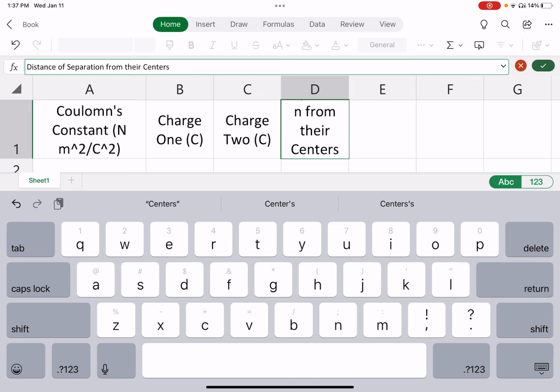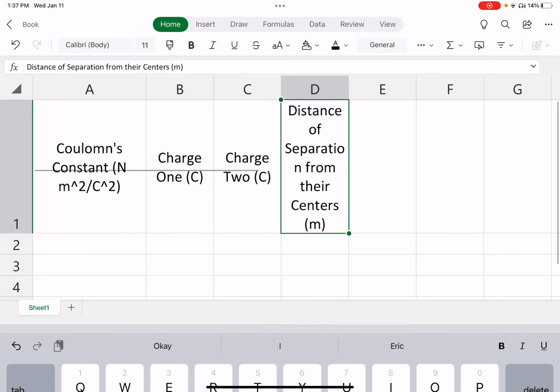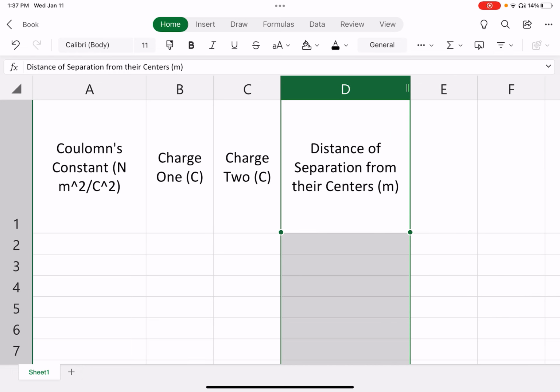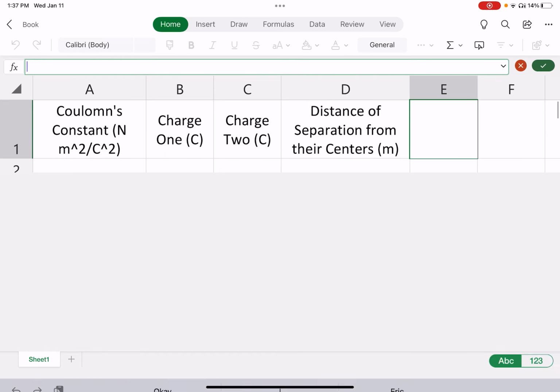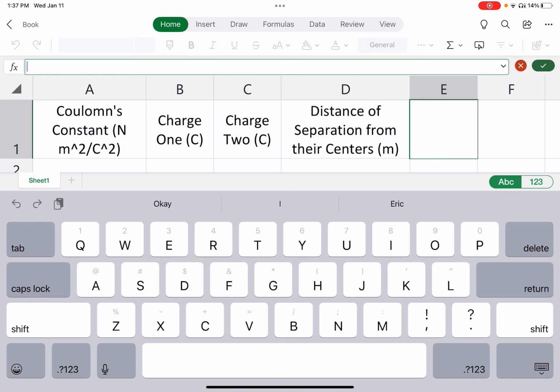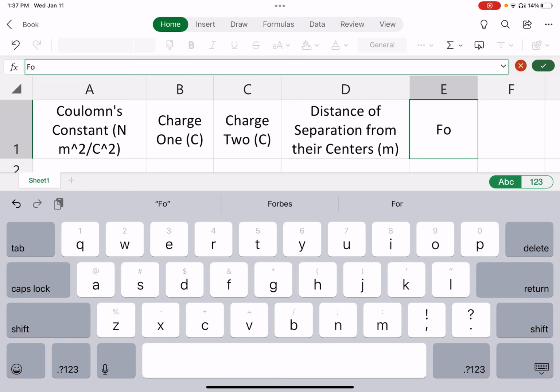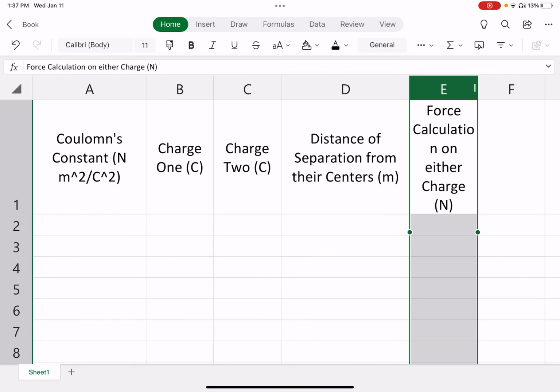This is going to be in meters. And now I'm going to say, well, this is the force on either charge, and we know that that is going to be in Newtons. That is our standard.